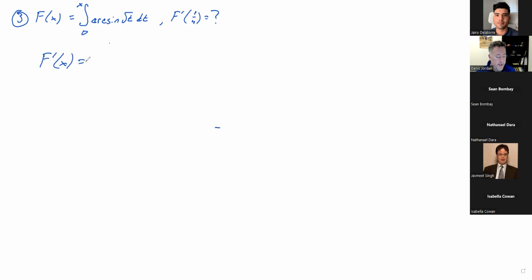You do just replace the t with whatever that variable is, which in our case is just x. So it's just arc sine of root x. But they gave you a specific value to plug in for x. So you just have to take it a step further and then just evaluate it.